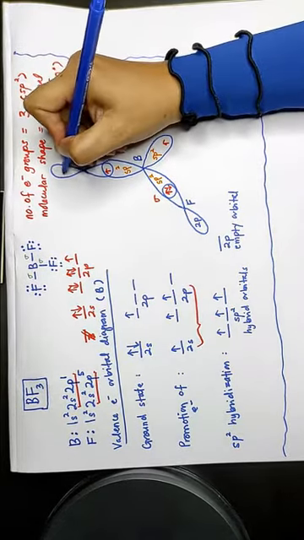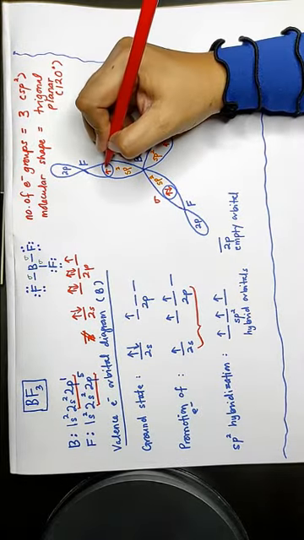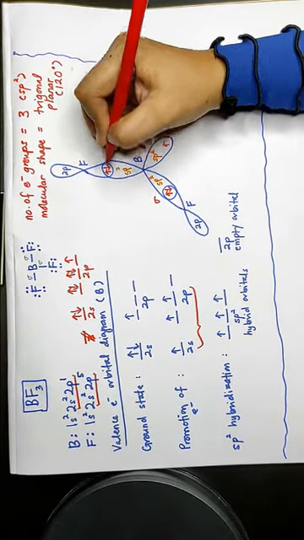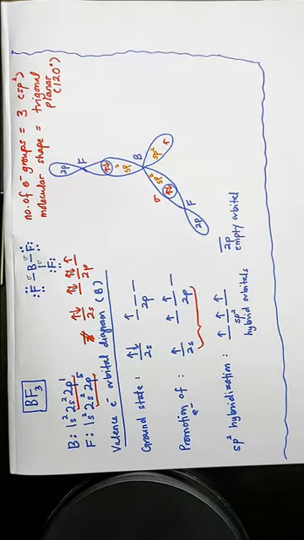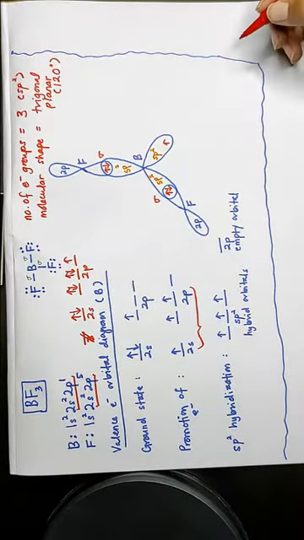Fluorine 2p: overlap, and the overlap region is occupied with shared electrons with opposite spin, and now the second sigma bond is formed.